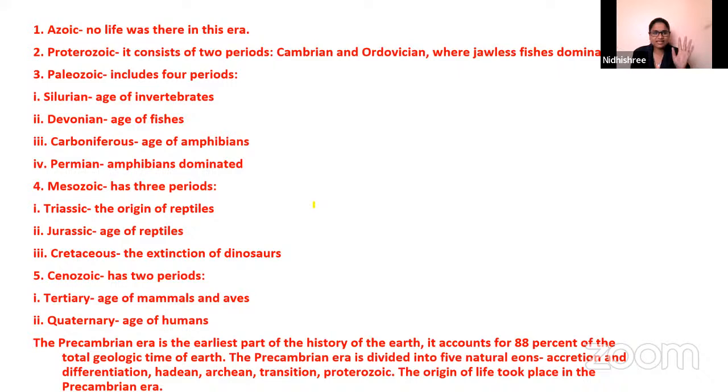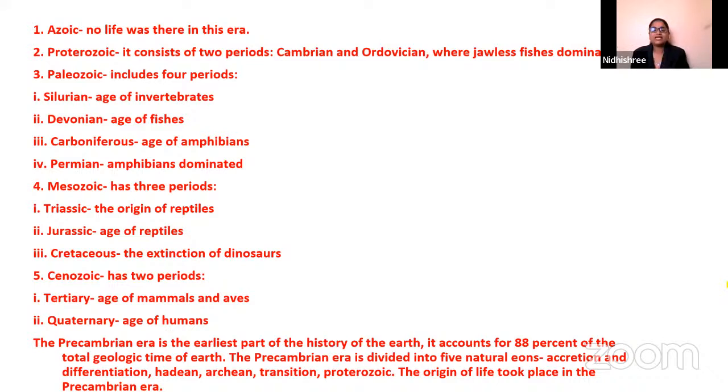Mesozoic has three periods, Triassic, Jurassic, and Cretaceous. Cenozoic has two periods, Tertiary and Quaternary. So here, the Precambrian era. Precambrian era is the earliest part of the history of the earth. It accounts for 88%, the highest, of the total geologic time of earth.